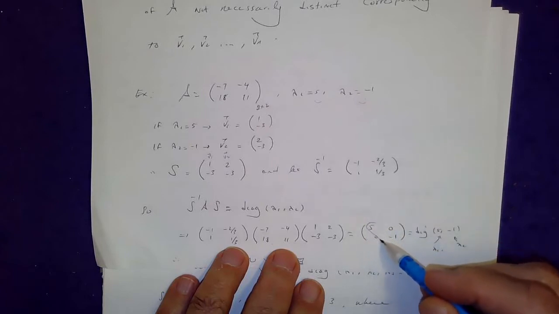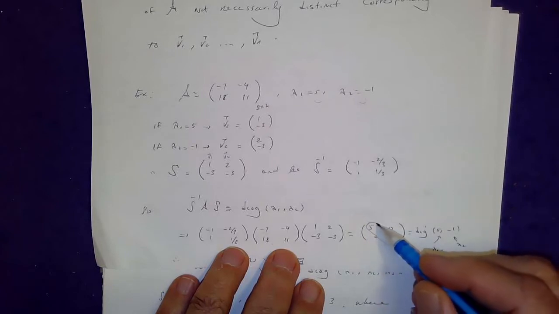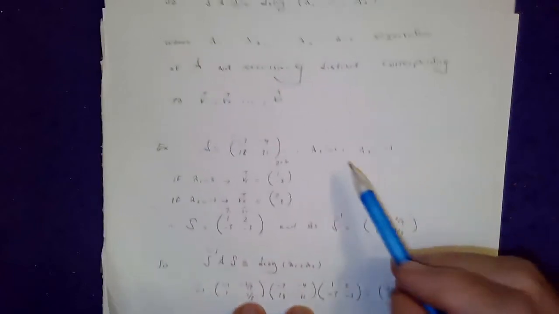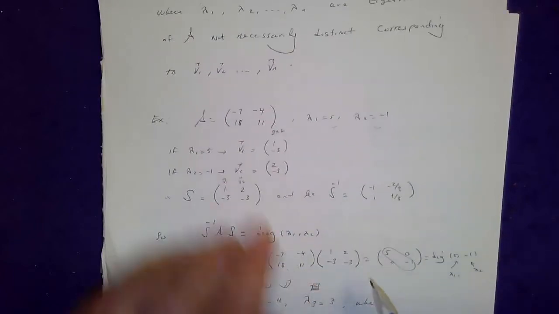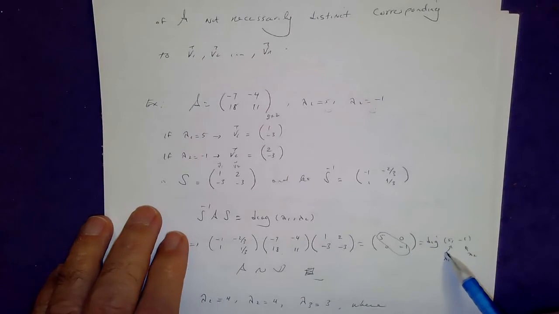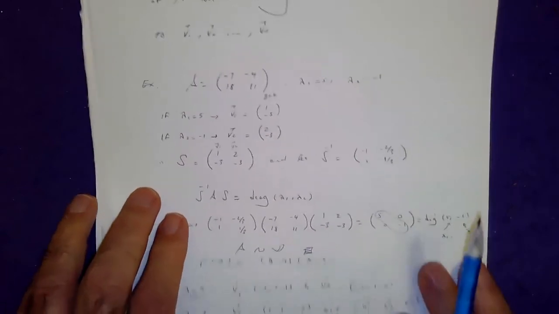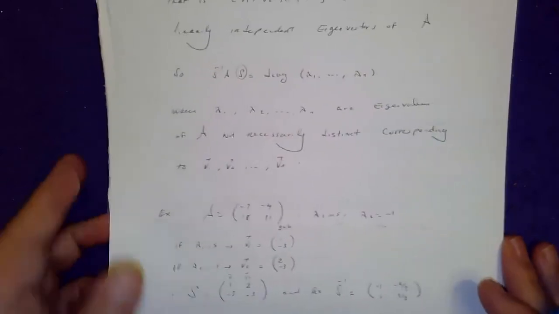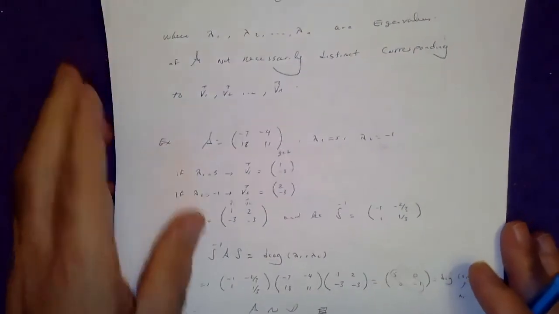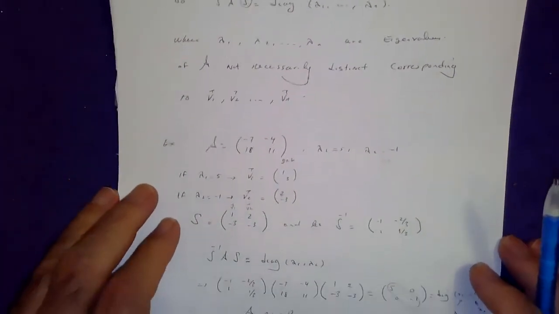But notice the main diagonal elements happen to be the same as what? Eigenvalues of the original matrix. Do you see it? Conclusion of the problem, A is similar to what? To a diagonal matrix.